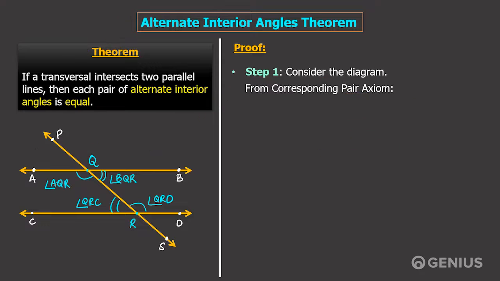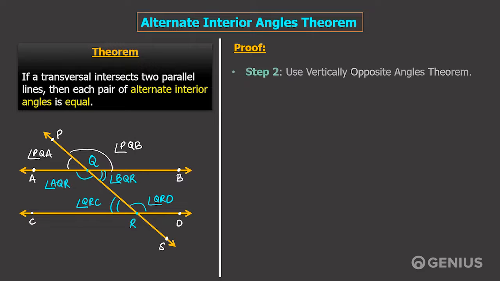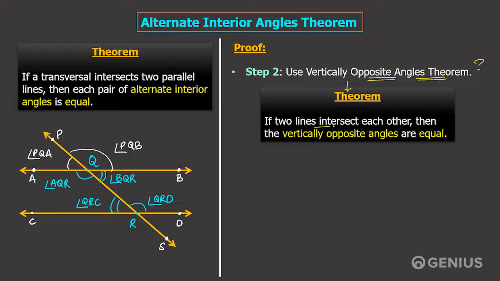And talking of 2, चलिए चलते हैं toward step number 2. तो in step number 2 we will use the vertically opposite angles theorem. अब आपको याद है what this theorem says? It says that if two lines intersect each other, then the vertically opposite angles are equal. तो the vertically opposite angles in this diagram are, बोलो बोलो, angle PQA is equal to angle BQR.